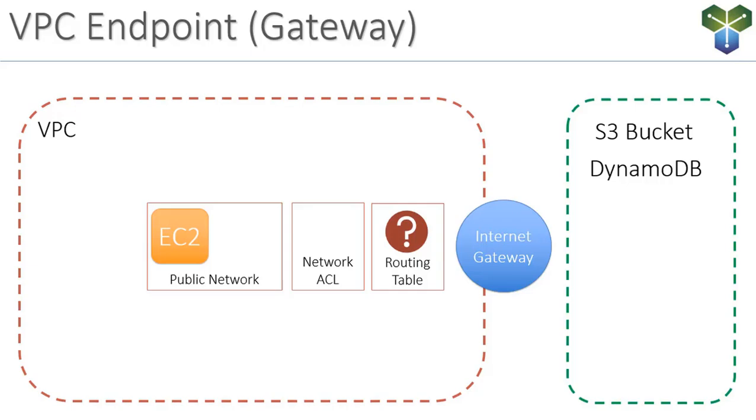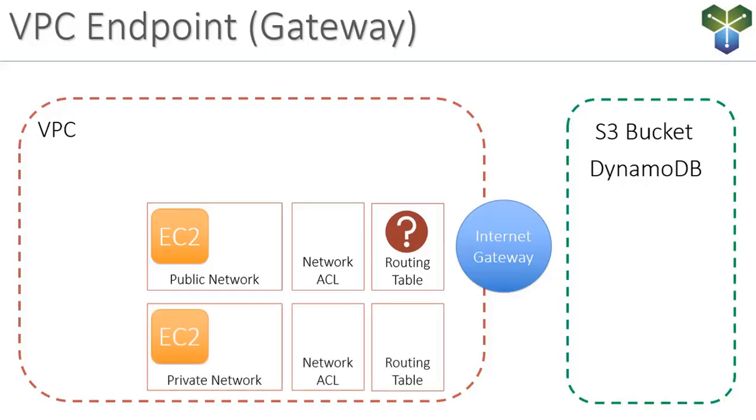So for this particular EC2 instance, it exists in a public subnet. That public subnet has its own route table. And if we just simply create a default route to the internet gateway, then the traffic for that particular EC2 instance to S3 will flow over the internet.